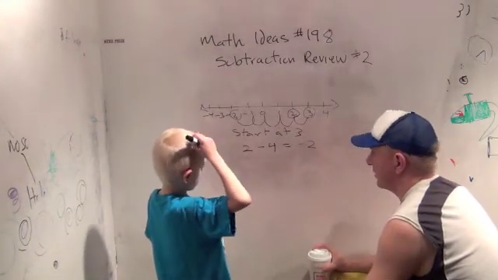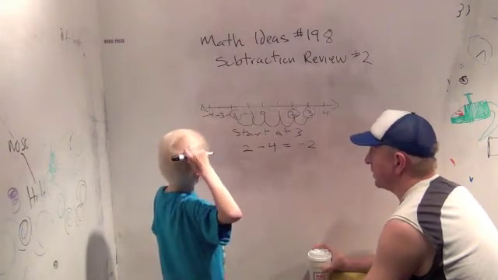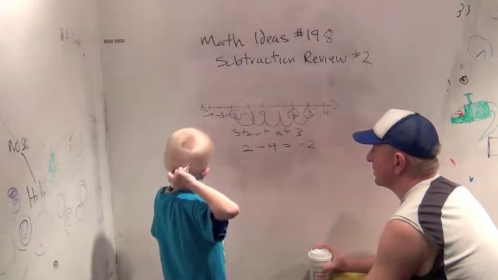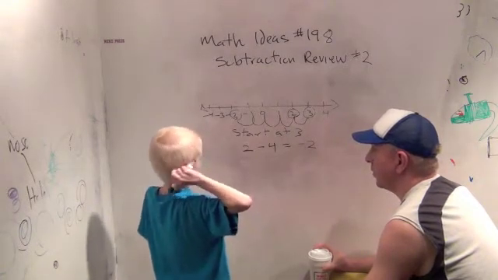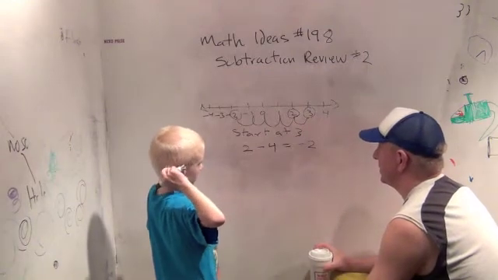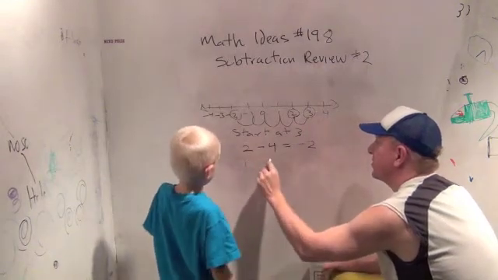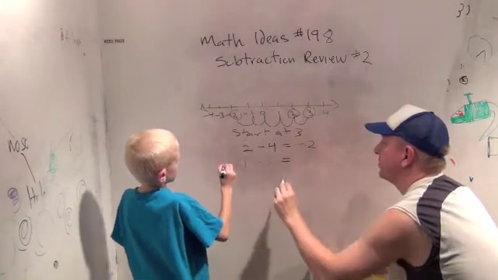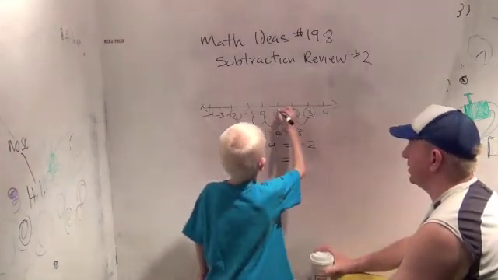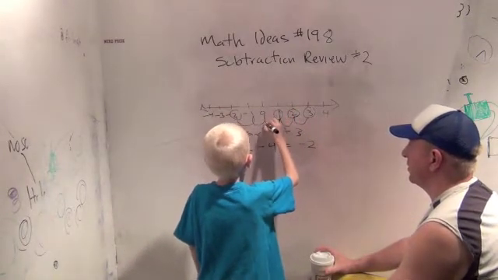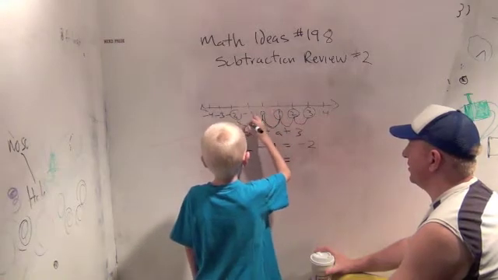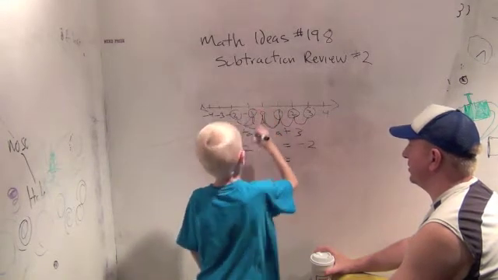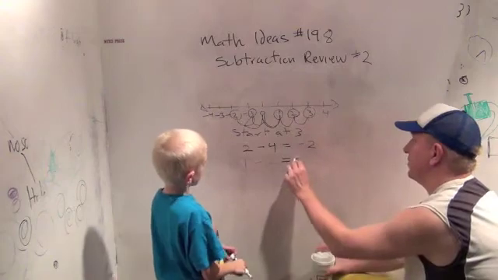How about 1 minus 2? Oh, 1 minus 2, okay, awesome. What does that equal? You'd start at 1, and you'd go 1, 2 over, and that gets you to minus 1. Minus 1, okay, very good.